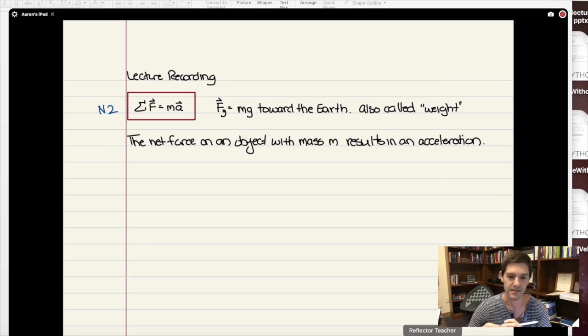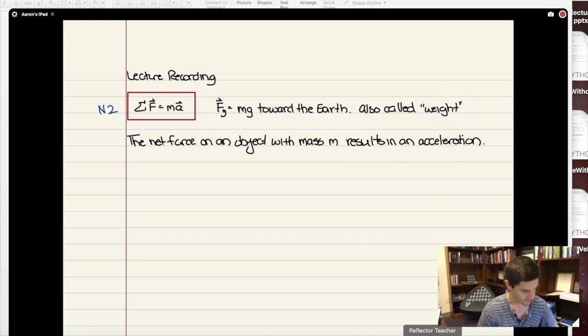And then we also looked at the example of the gravitational force, which is just the mass of the object times little g when you are near the surface of the Earth. This force is also sometimes called the weight, which is sometimes confusing. So mg is the weight of an object.